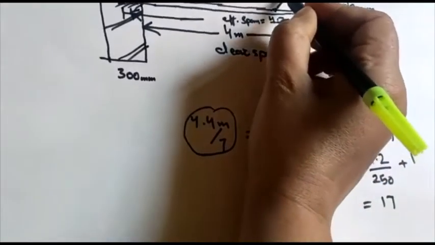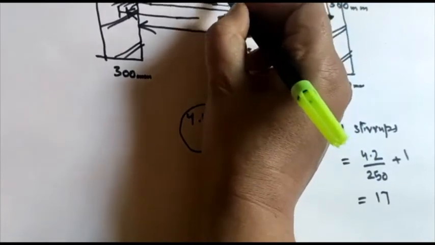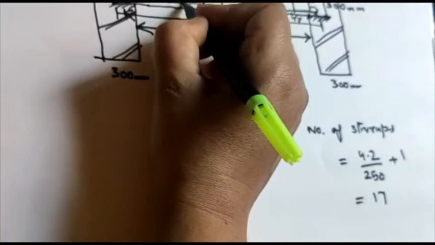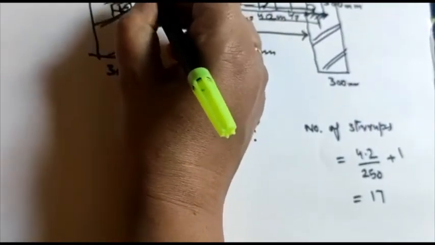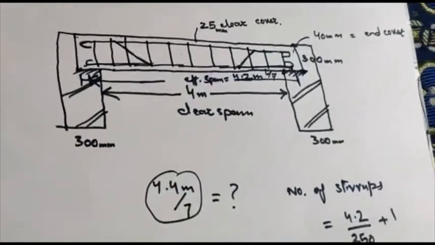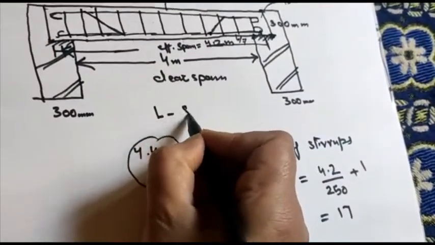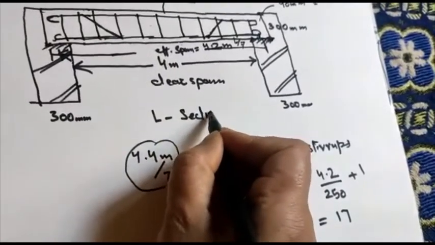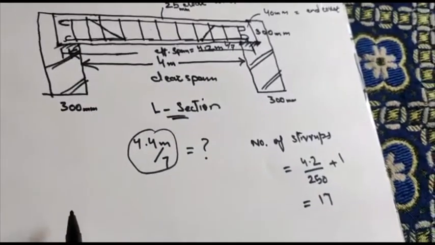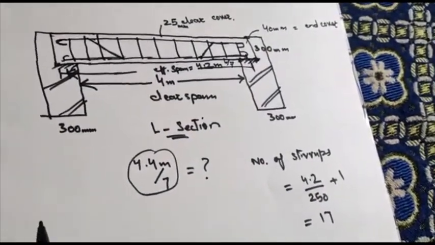Straps we are going to draw here at a spacing of 250 mm. This is the L section of beam.